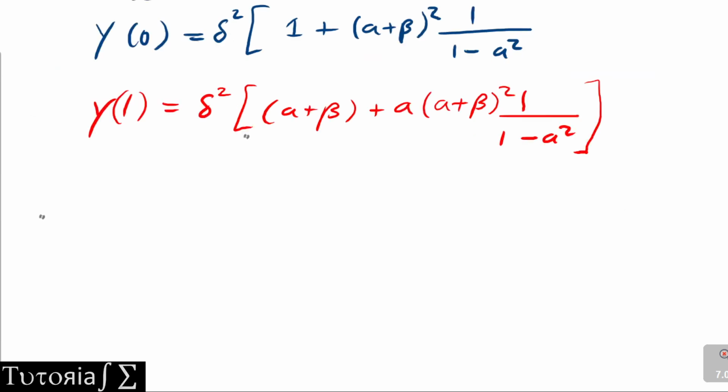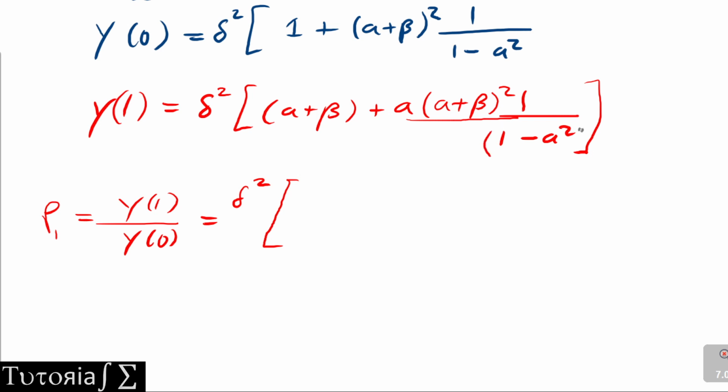So now remember that rho 1 is equal to y1 over y0. We can put y1 on top there. So basically we can multiply this and that, which makes our division easier. Let's simplify in advance. So we say this is over everything here.